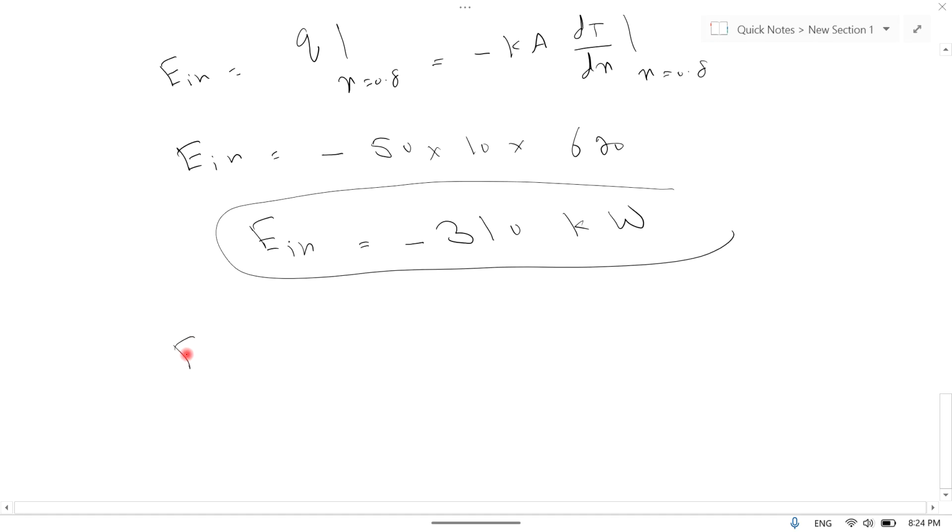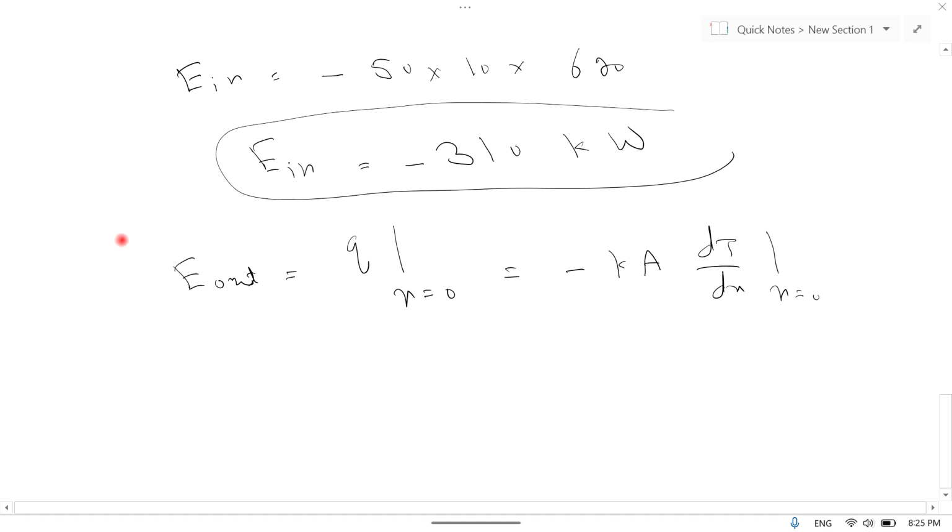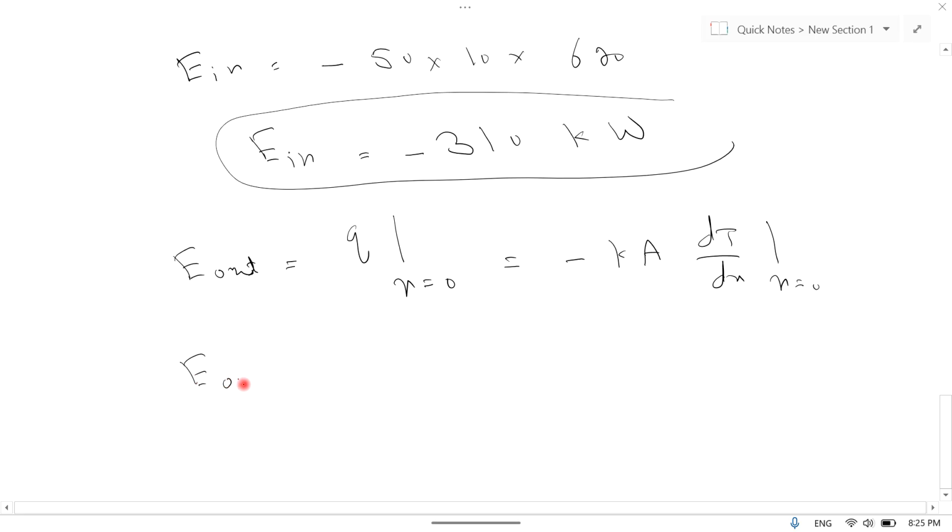Now find E out. E out is equal to heat at x is equal to 0 from the Fourier law of heat conduction, minus K A dT by dx at x is equal to 0. So E out is equal to minus 50 times 10 square meter times dT by dx at x is 0, which is 300 degree centigrade per meter.